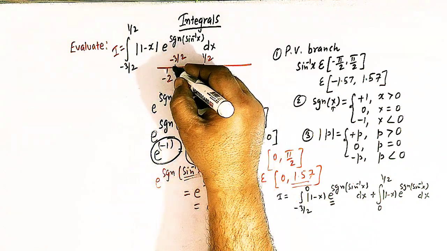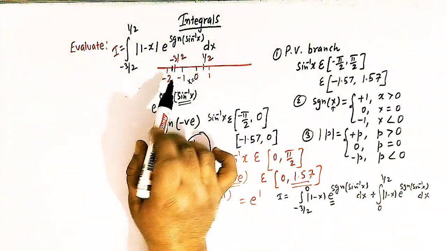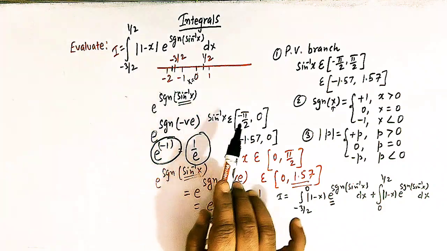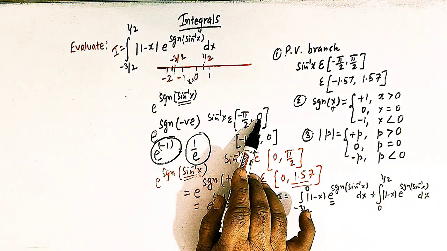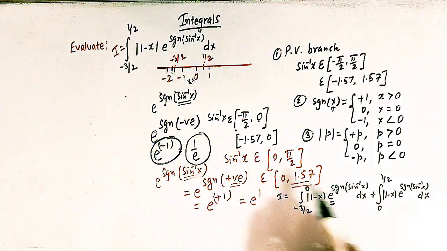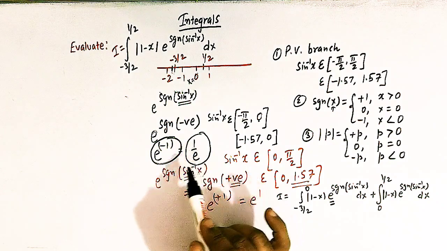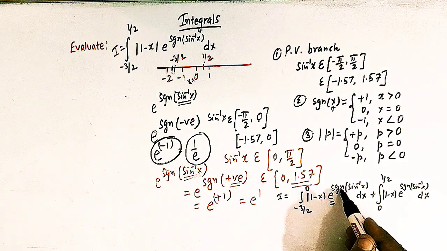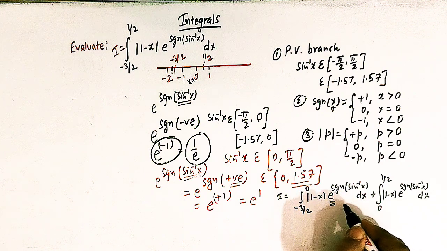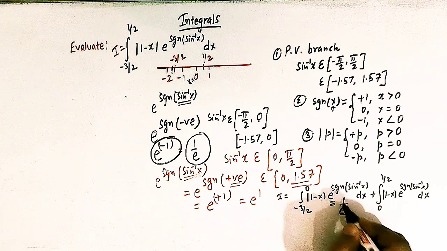So when we go from minus pi by 2 to 0, sine inverse x is negative, as we have discussed already. So the value of e raised to signum of sine inverse x is e raised to minus 1, that is 1 over e.